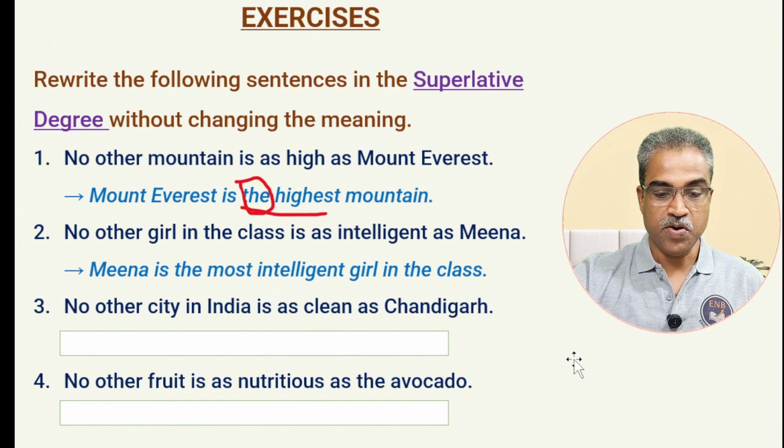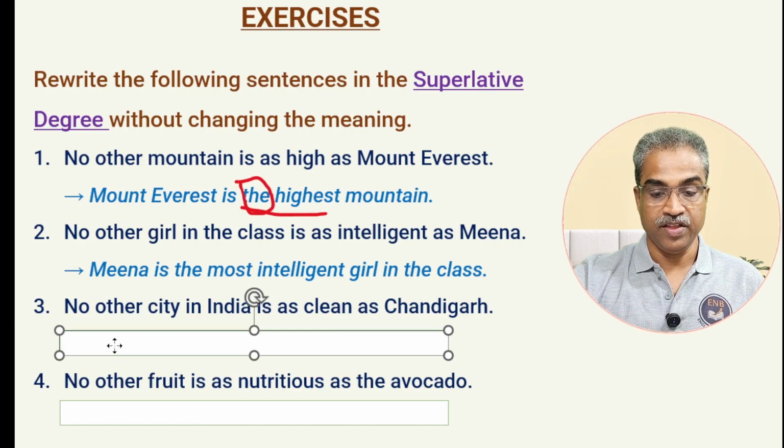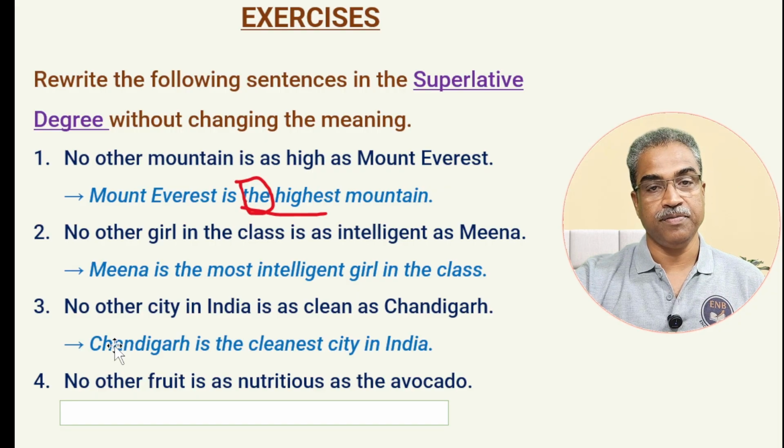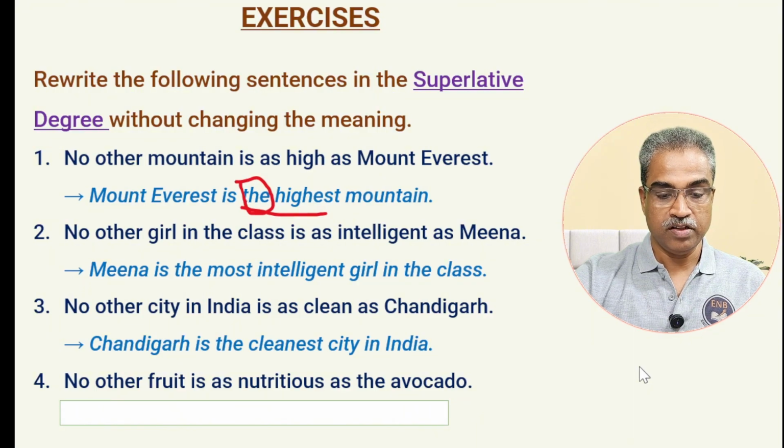Next one. No other city in India is as clean as Chandigarh. So Chandigarh is the cleanest city in India. Easy? Okay. Last one. No other fruit is as nutritious as the avocado.